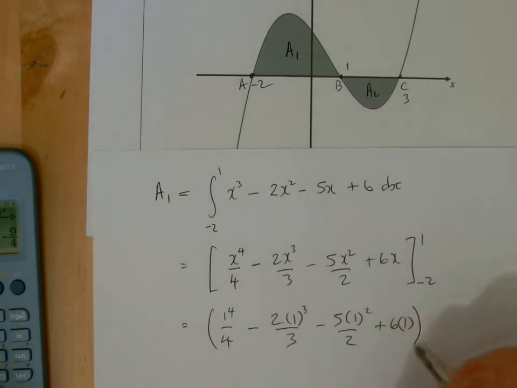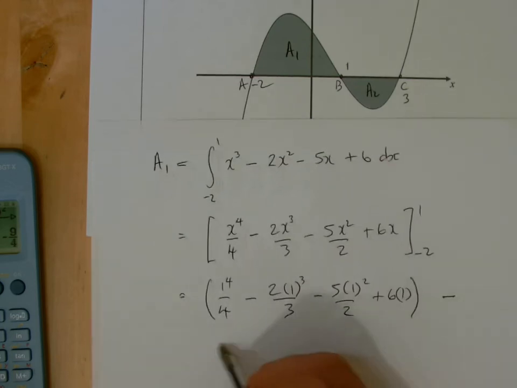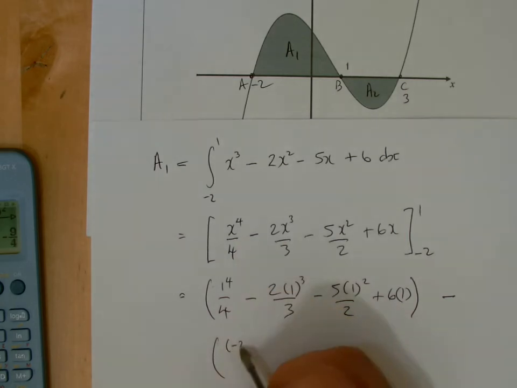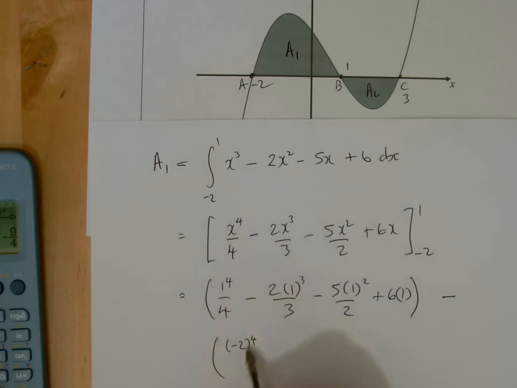Take away then, we need to put the lower limit in. So you're going to put -2 in here, so you've got to use a bracket. Got to be careful there, because -2 is going in, and you want to put it to the power 4, so put it in the bracket.